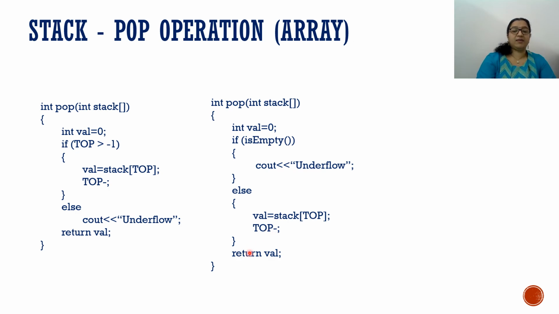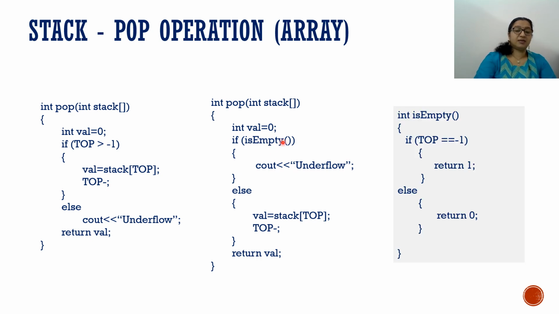then return val. So what is the isEmpty function? Just see this. Int isEmpty. There is a return type. There is no passing argument. We are checking: if top is equal to -1, return 1. If top is -1, it is empty, so we are returning 1 to the calling place.